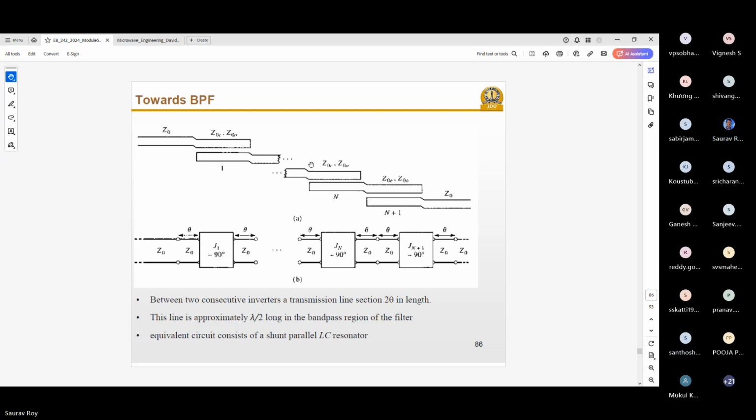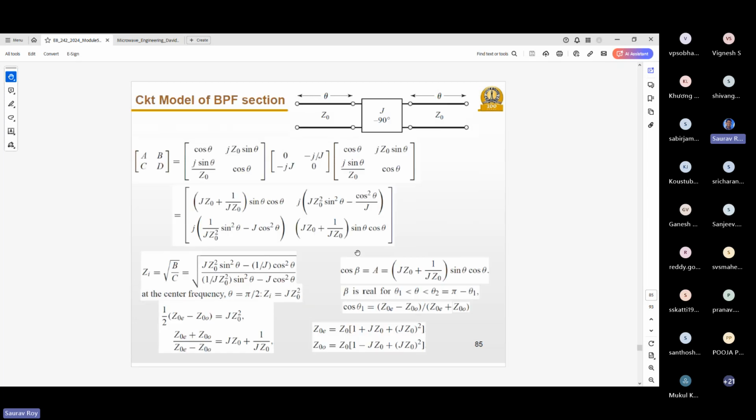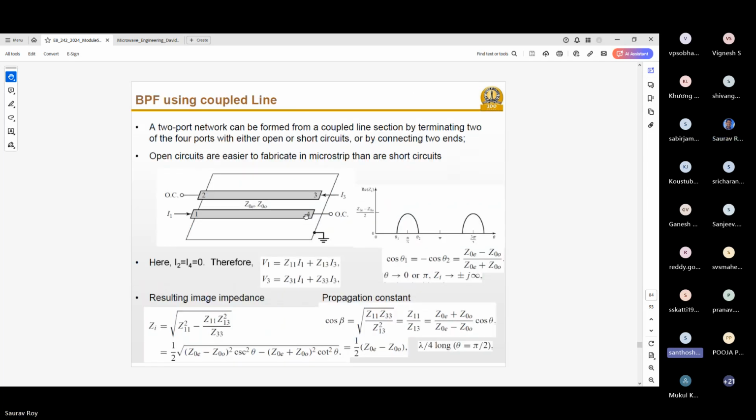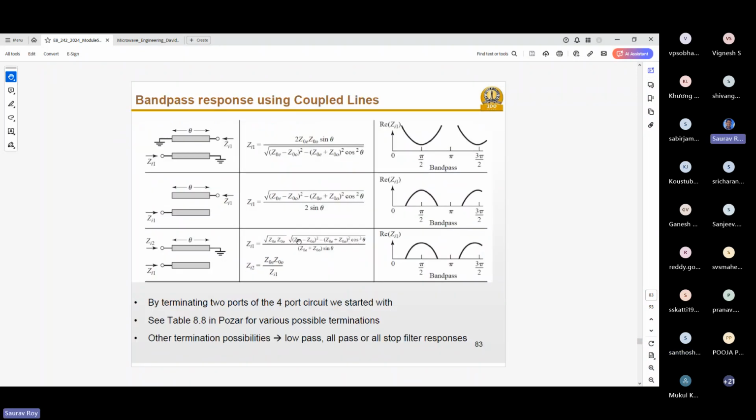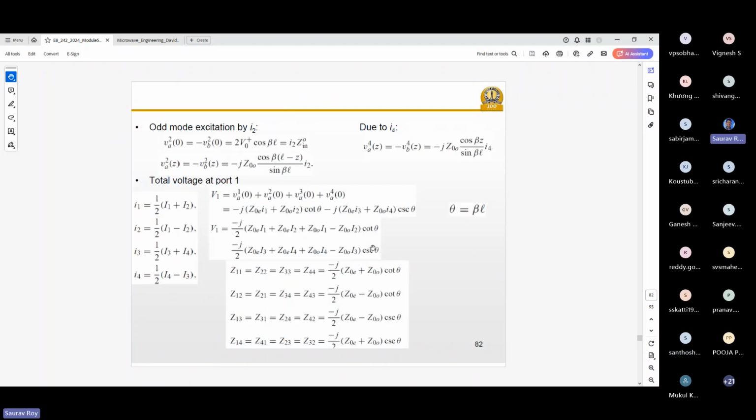But if you see, initially we moved away from L and C. Actually, we started from the theory on the resonator, right? Parallel resonator line. So we are trying to replace not the L and C anymore. We are trying to replace the resonator circuit now.